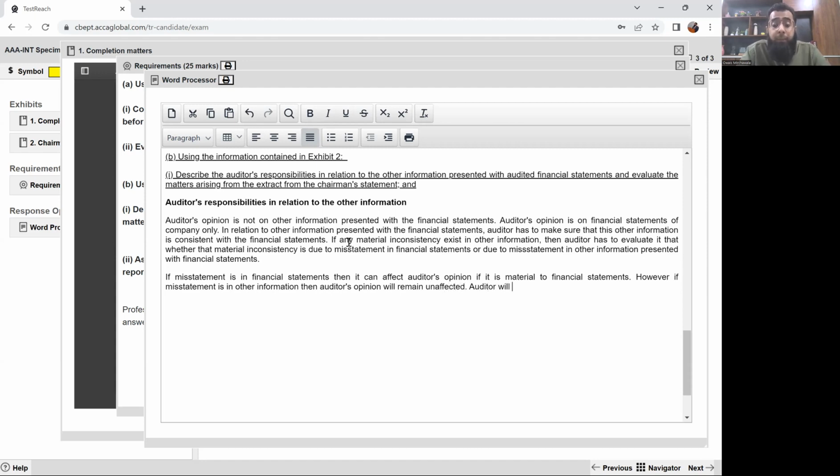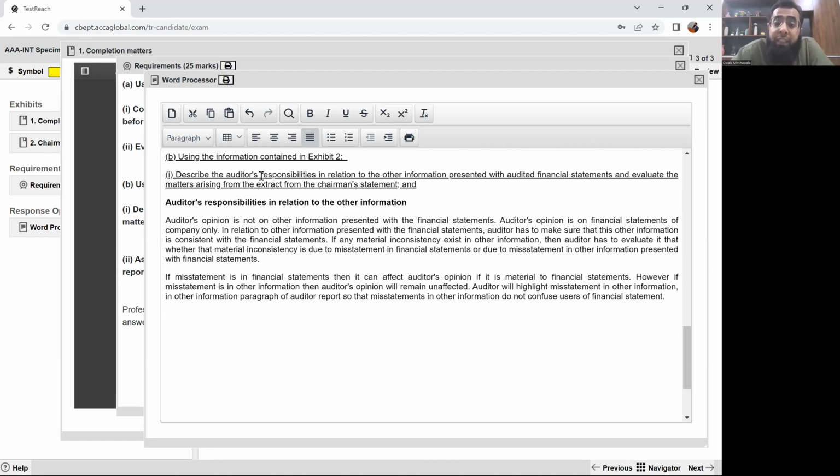The auditor will highlight the misstatement in the other information paragraph of the audit report, so that misstatements in other information do not confuse users of the financial statements. Okay, see, I will repeat it again. I want you all to concentrate on it.